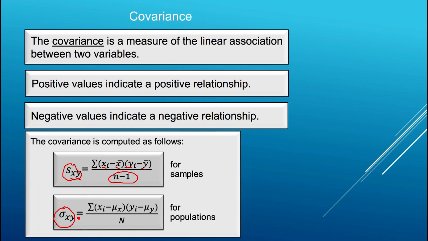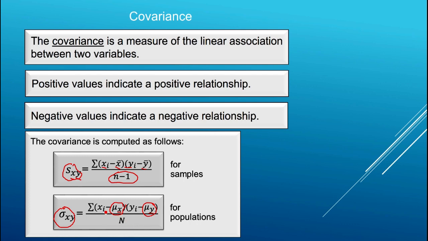When we move from the sample formula to the population formula, the only differences, which you should come to expect by now, are that we replace x bar with mu sub x, and y bar with mu sub y. So mu continues to stand for the population parameter of the mean. To identify the difference between the variable x and its mean in the population and the variable y and its mean in the population, we add the subscripts x and y.